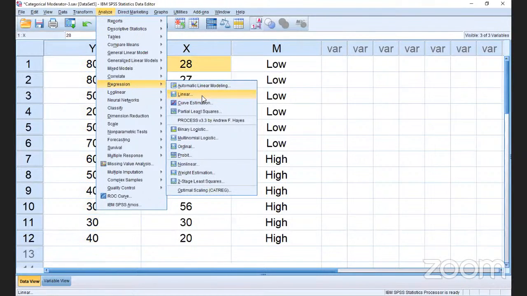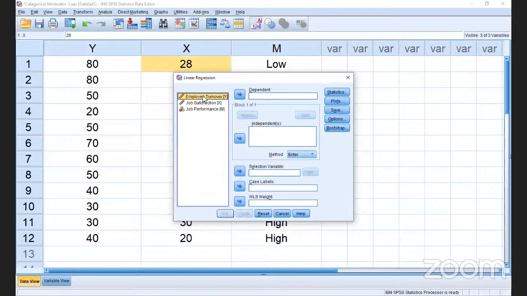Then in Linear, what is the dependent variable? Employee turnover. And the independent variable, job satisfaction.